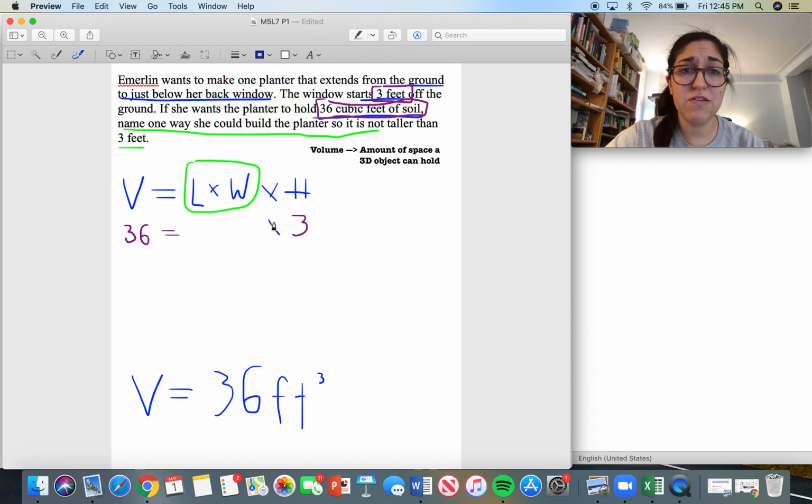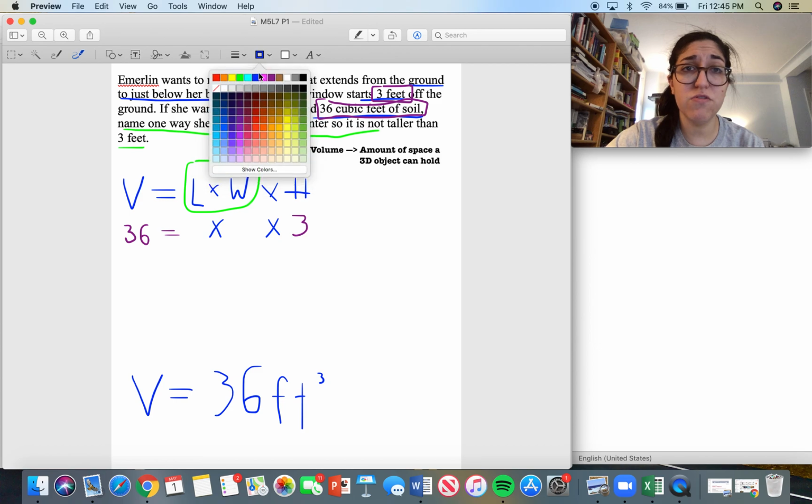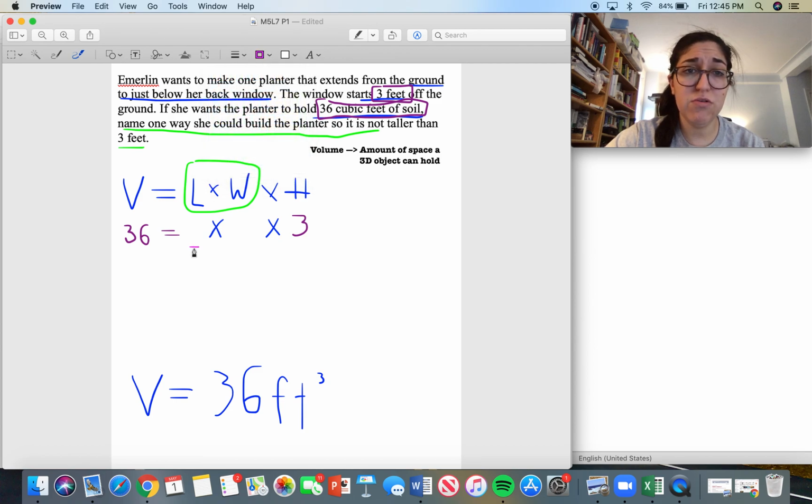The reason being is because we're told the volume is 36. So I need to find two numbers that when multiplied together and then times 3 will equal 36. So let's say, for example, I decide that the length is going to be 2.